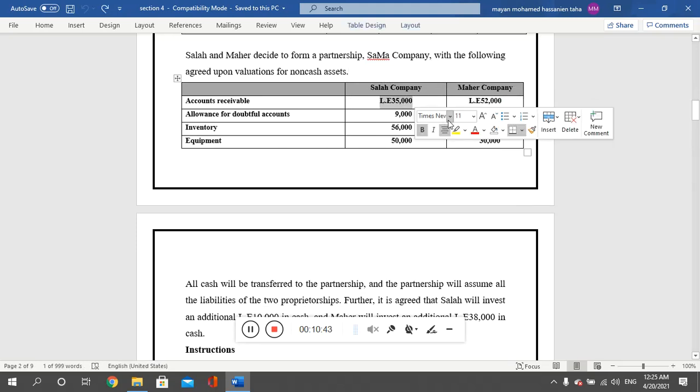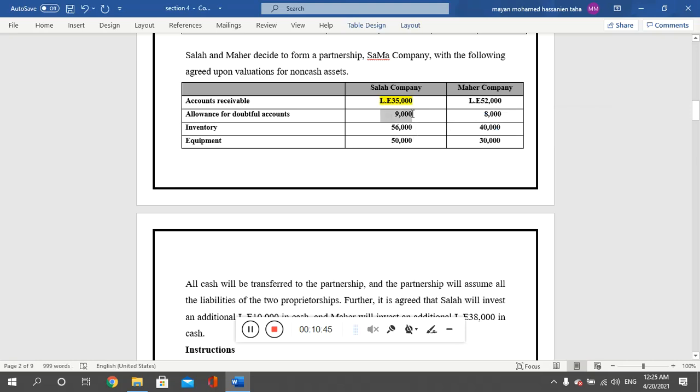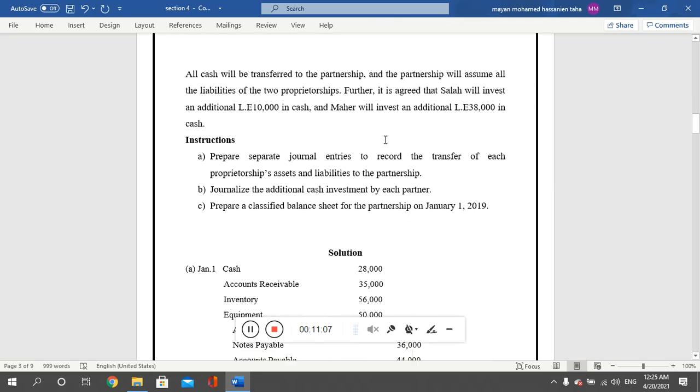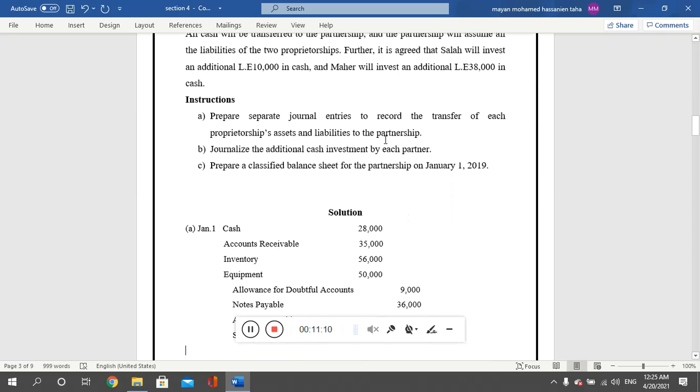This is the number that we will deal with, not the number in the trial balance, because there is a valuation. So the inventory, we will not take $53,000. We will take the $56,000 after valuation. And equipment will be $50,000, not $90,000.